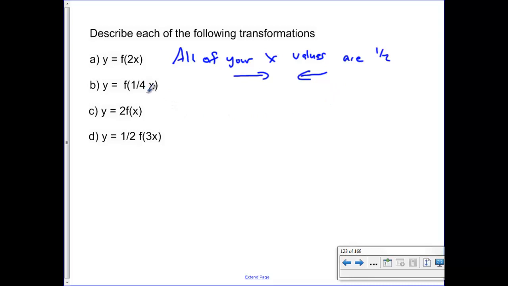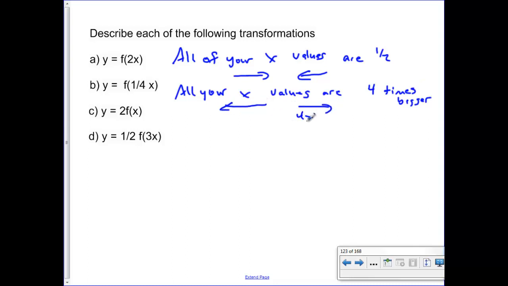This one right here meant that before I started, I was going to cut your money to a quarter. So you better bring 4 times as much money. So it means all your x values are 4 times bigger, which means that everything is going to get pulled out 4 times as far.